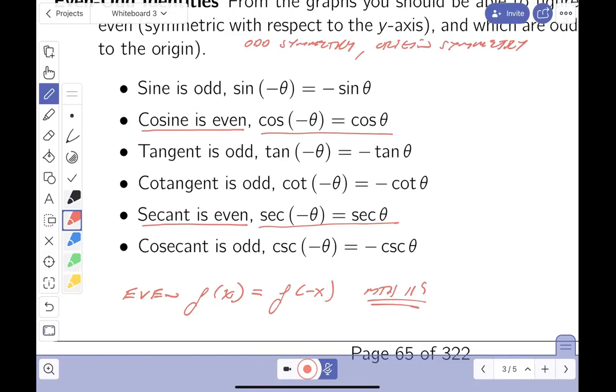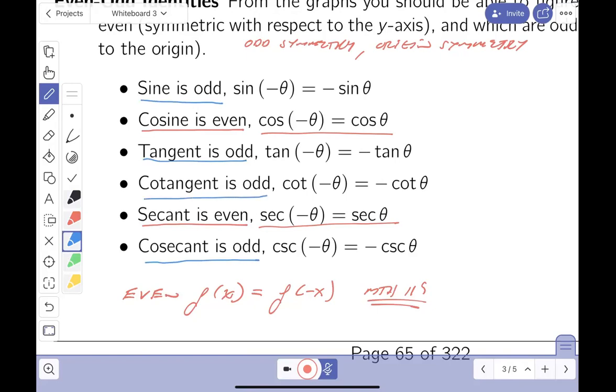So let's just talk through the visual of it. Which of those functions is symmetric with respect to the origin? That means there's a point symmetry through that origin. And the functions that are going to be odd symmetric, and again, you'd have to know the pictures to know that, the sine function's odd, its reciprocal is odd, the tangent function's odd, and its reciprocal is odd.